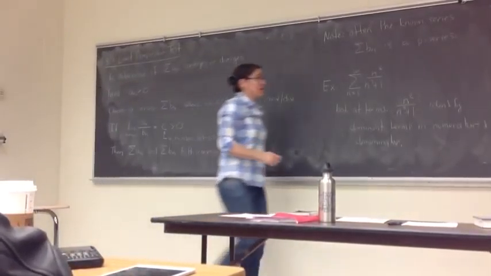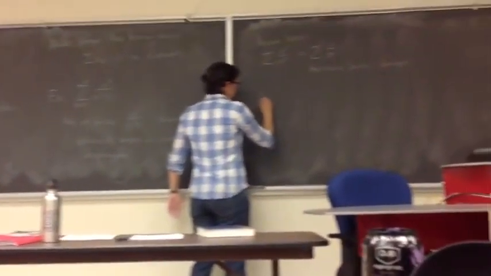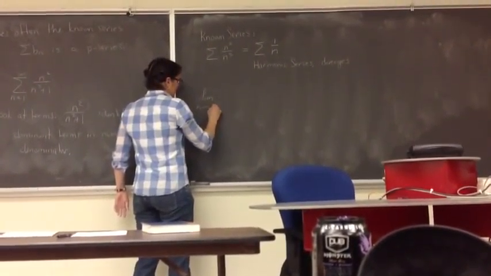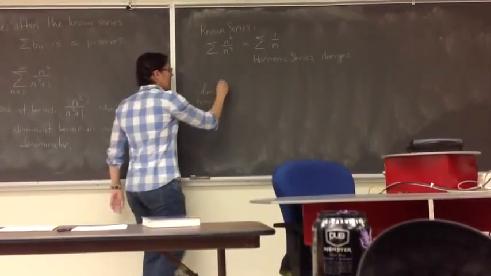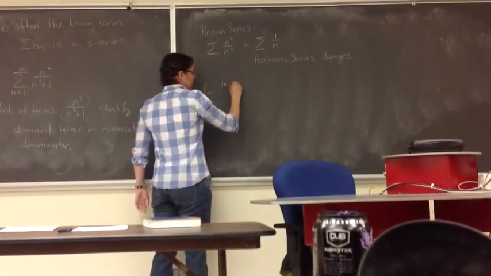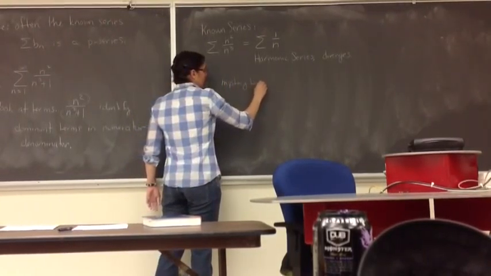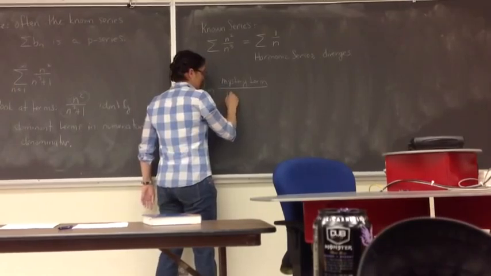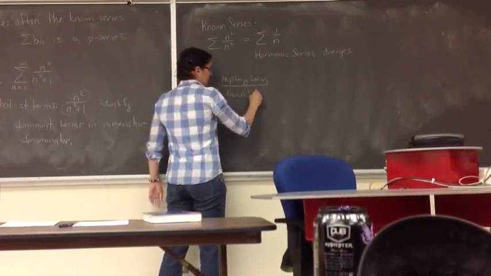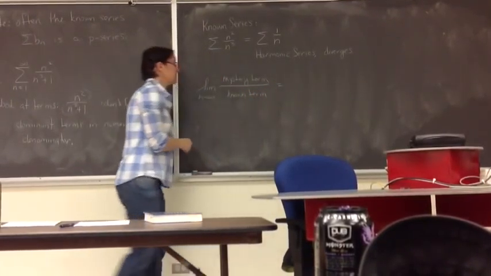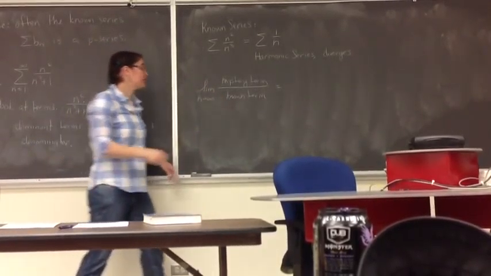So this comparison, this limit comparison, will be the limit as n approaches infinity of the mystery terms divided by the known terms, the a_n's over the b_n's.